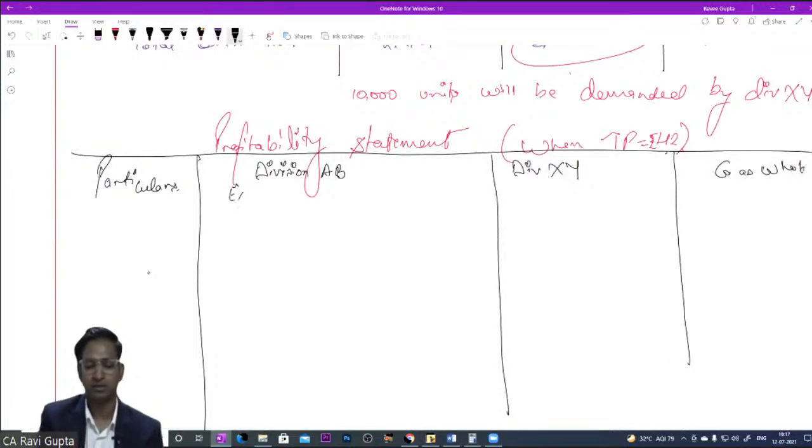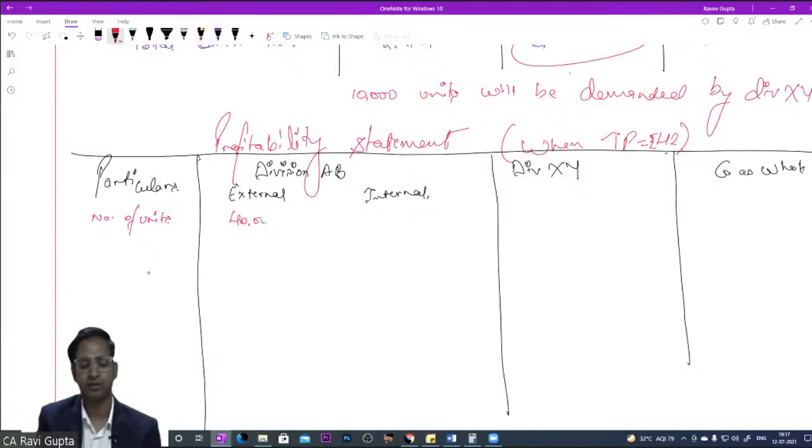We have external as well as internal, and the number of units. Number of units is 40,000 units, 10,000 units, and 10,000 units.